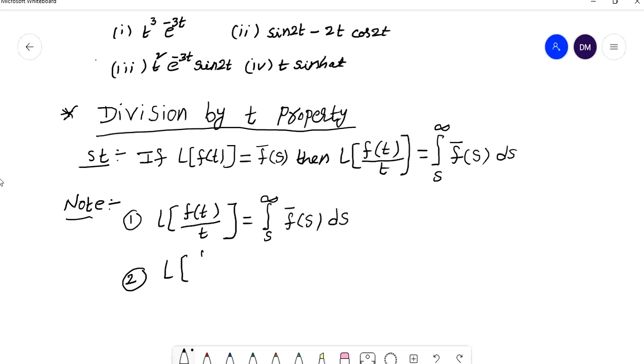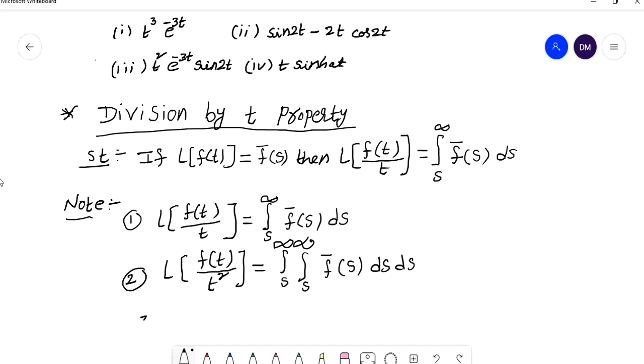L of f of t by t square: if t square is in the denominator, that is called division by t square property. If you have only one t in the denominator, we can write the single integration. If you have t square in the denominator, we can write double integral s to infinity f bar of s ds.